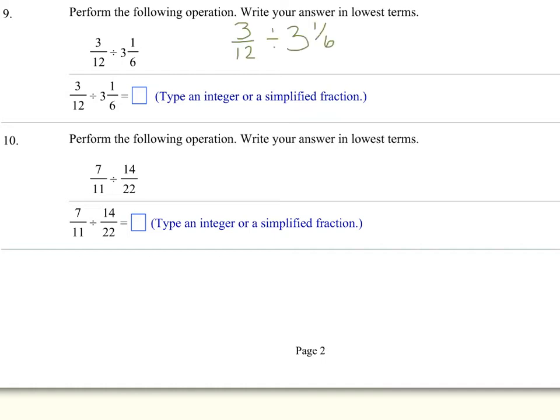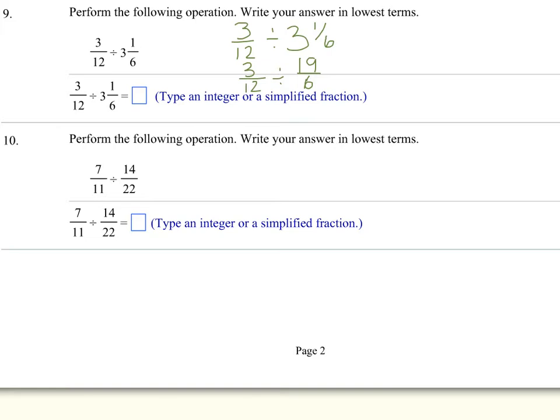So the calculator sets this problem up 3/12 divided by 3 and 1/6, and division is the same as multiplying by the reciprocal of the second fraction. Now before we can take the reciprocal of the second fraction, we have to turn it into an improper fraction. So 3 and 1/6 turned into an improper fraction is 19 over 6.